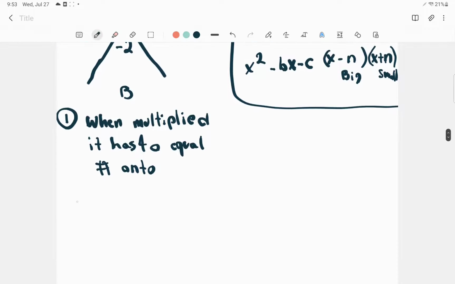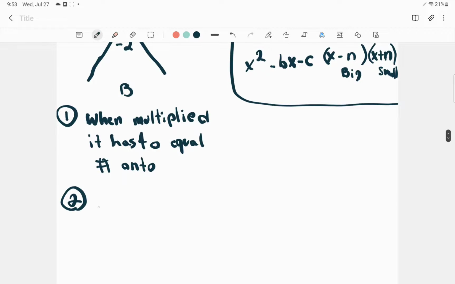Okay? Now, number 2, and this is the second rule. When added, I want to say combined. I'm going to use combined.